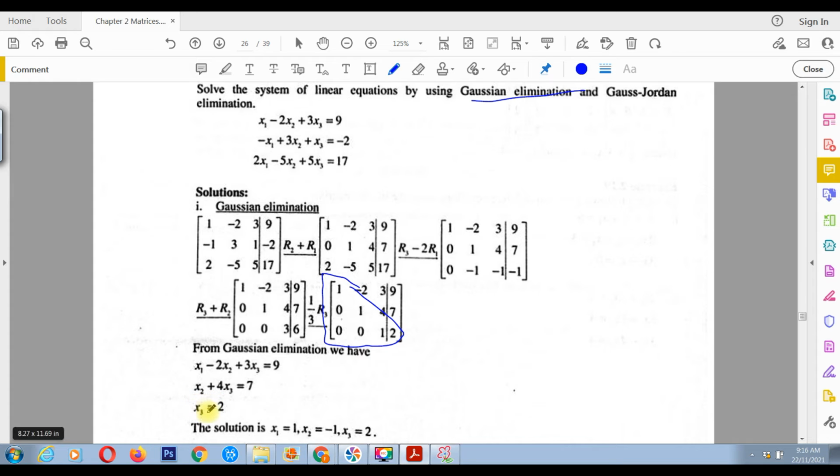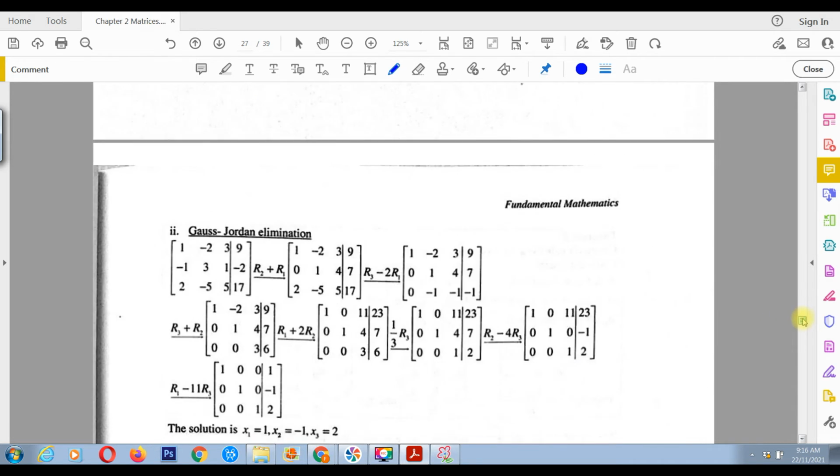Here we can find x3 equals 2, then plug x3 into this equation to get x2. After you get x2, you plug in the x3 and x2 values in this equation and you will get x1. But for Gauss-Jordan elimination, you go until you get the identity here. So there is a solution.